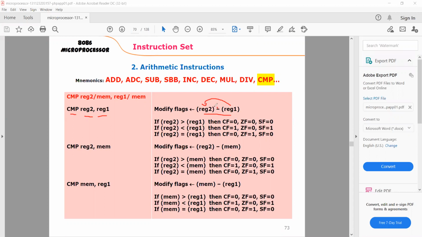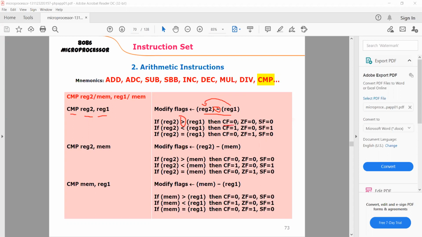So that is indicating a subtraction operation. After this operation, how do we identify the comparison? If the register 2 data is greater than the register 1 data, then how is it indicated?